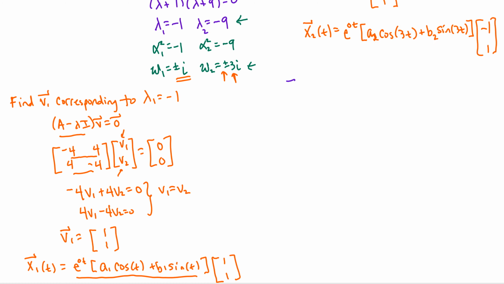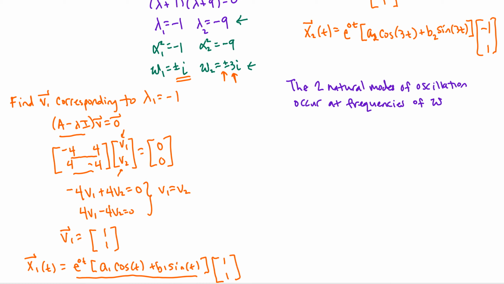The two natural modes of oscillation occur at frequencies of omega sub 1 equal to 1 and omega sub 2 equal to 3.